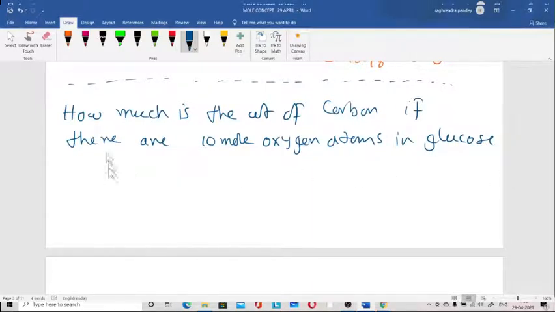Okay, so this is the question. How much is the weight of carbon if there are 10 mole of oxygen atom in glucose?